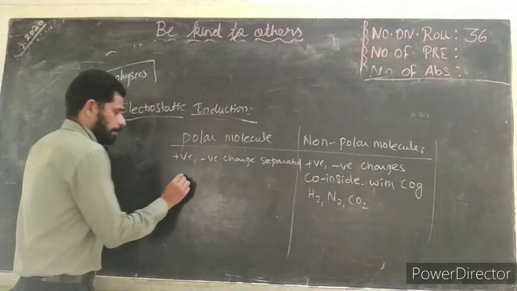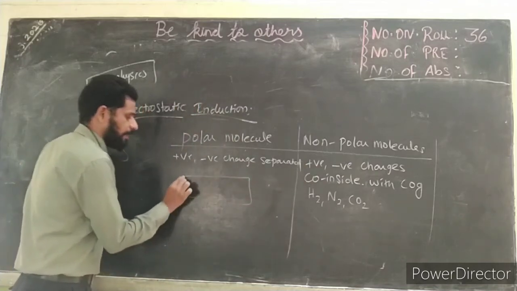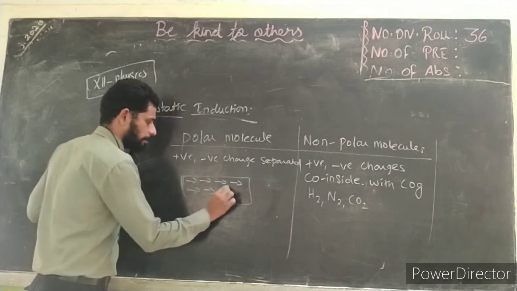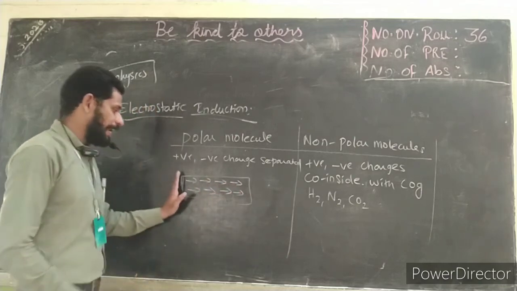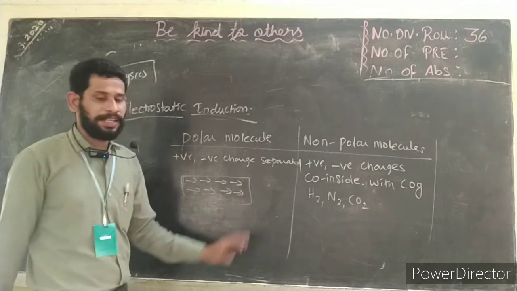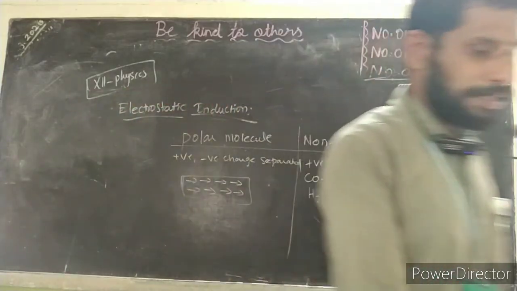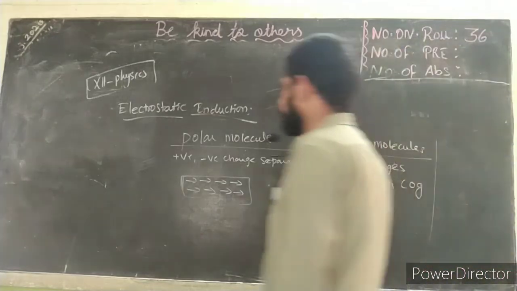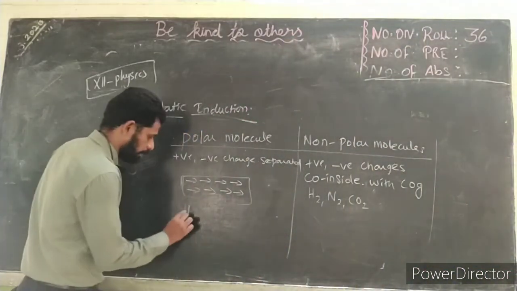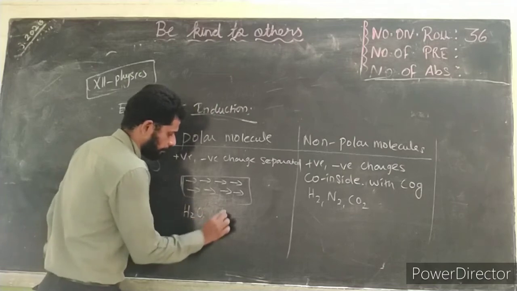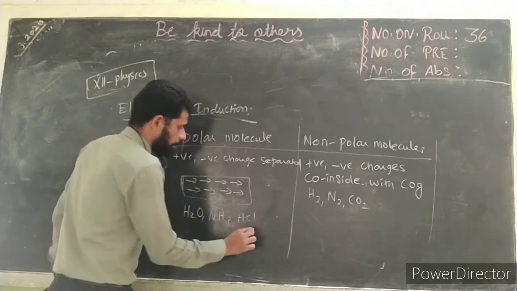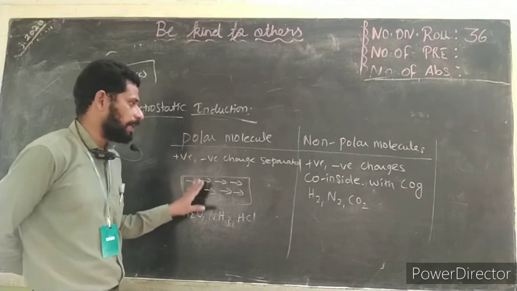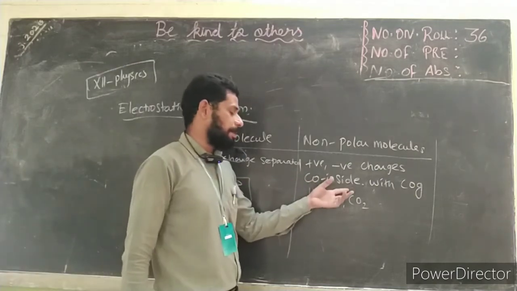They have a permanent dipole and permanent dipole moment, and they align themselves. Examples are N2O, H2O, HCl, NH3 (ammonia). These are the best examples of dipoles with a permanent dipole moment.